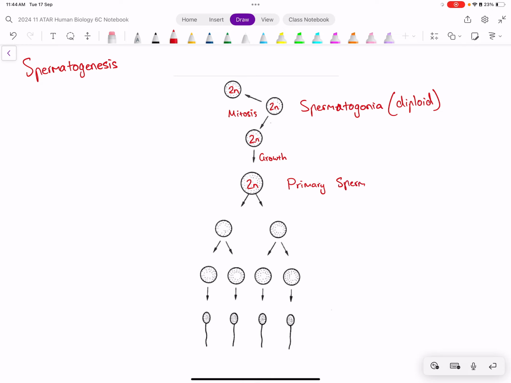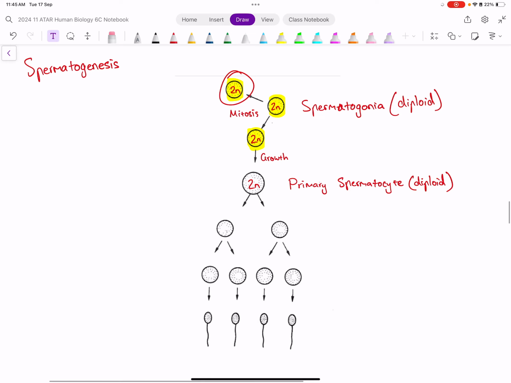What I'm going to start doing now is using colour to differentiate each of these cells at different stages of development. So to start off with the spermatogonia, I'm just going to use yellow here, and I'm going to keep the spermatogonia in yellow. Now this first option in the top left will stay on the edge of the seminiferous tubule or the outer membrane of the seminiferous tubule.